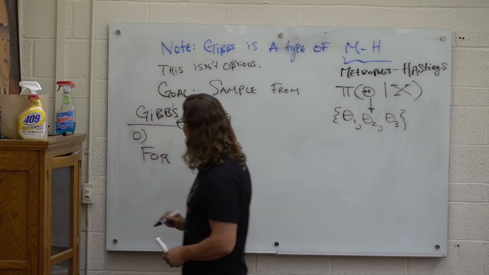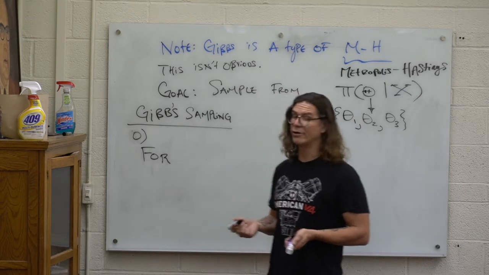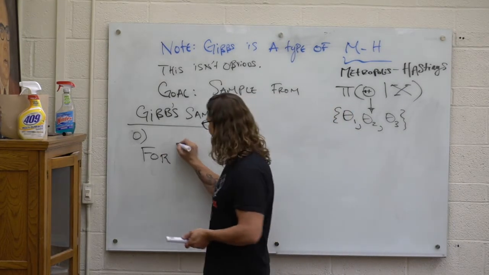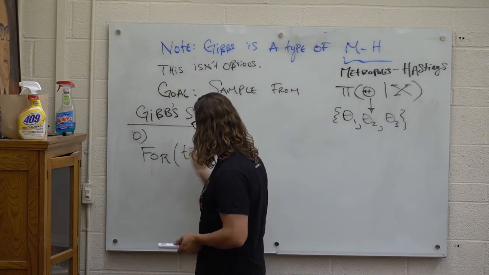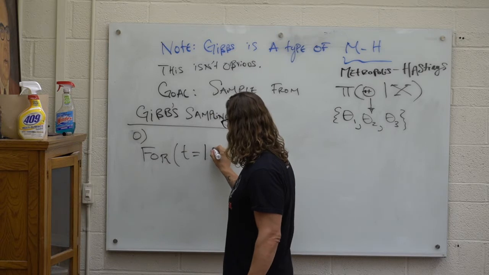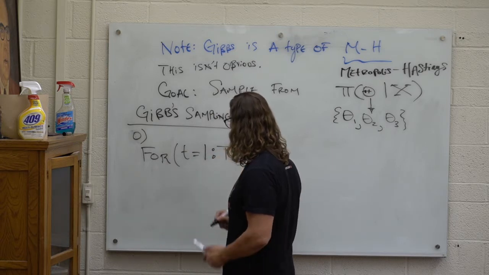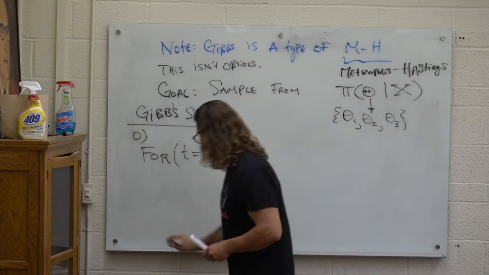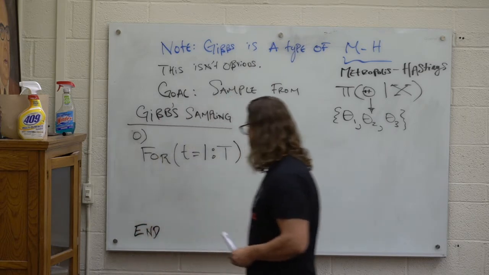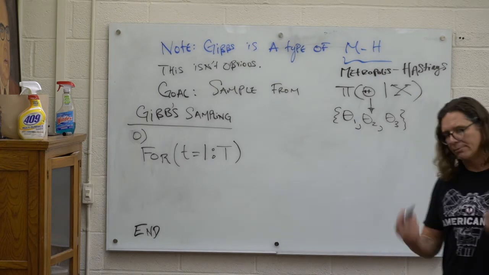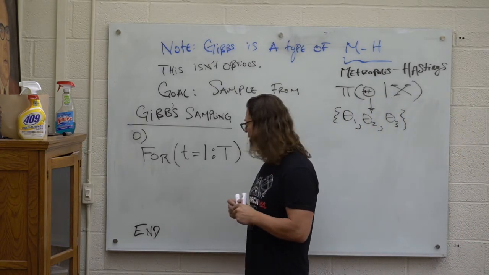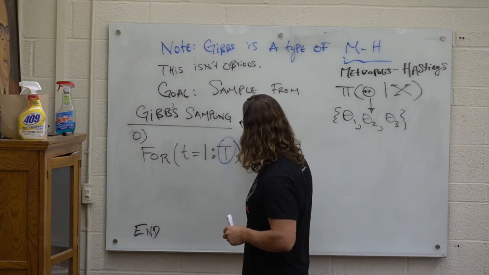But my first step is going to be to initialize. All iterative algorithms need to start somewhere, so I'll initialize in a moment. I'll pick an index, I'll call it t, and this is going to go from 1 to some large number, and I'm going to call that cap T. Every time I open a for loop, I close it immediately. Okay, so this is some big number.